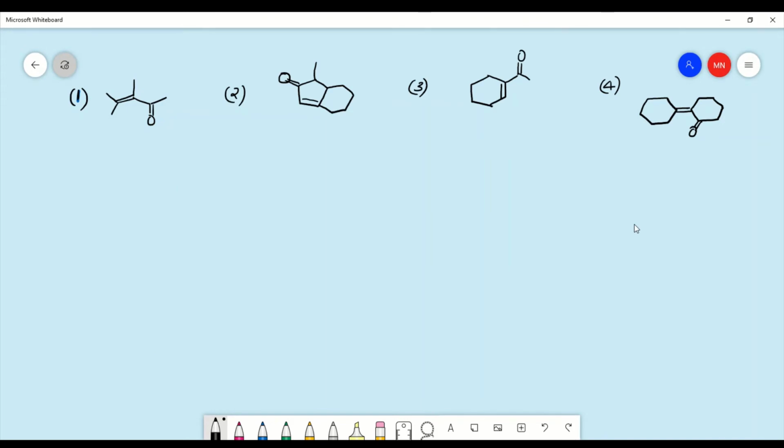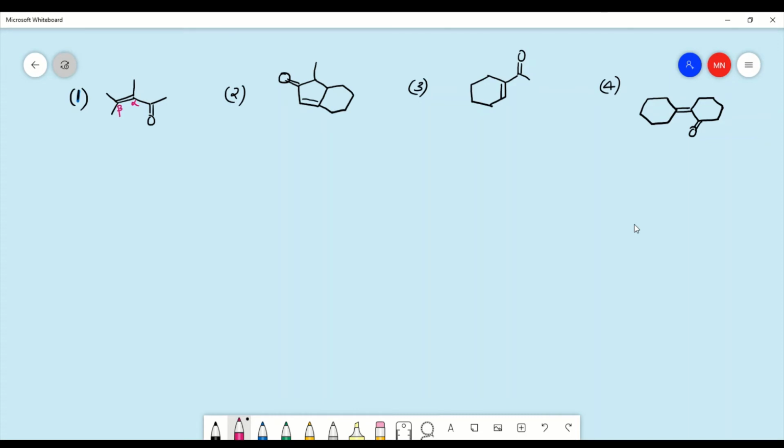So in the first example, first you have to identify this is an acyclic alpha beta unsaturated ketone. So this is our ketone moiety, this is the alpha carbon, and this is the beta carbon. So this is an acyclic enone.